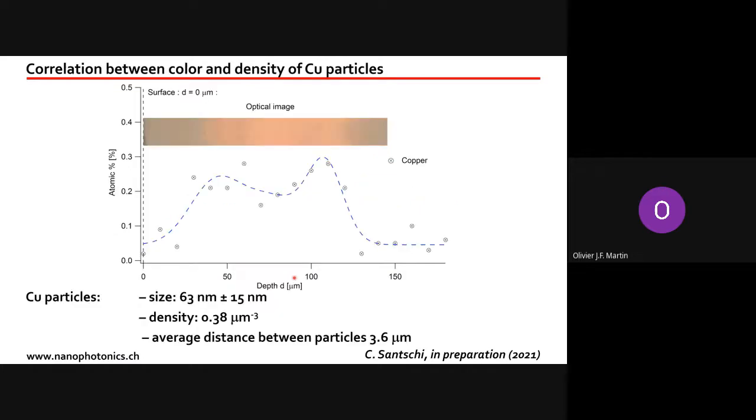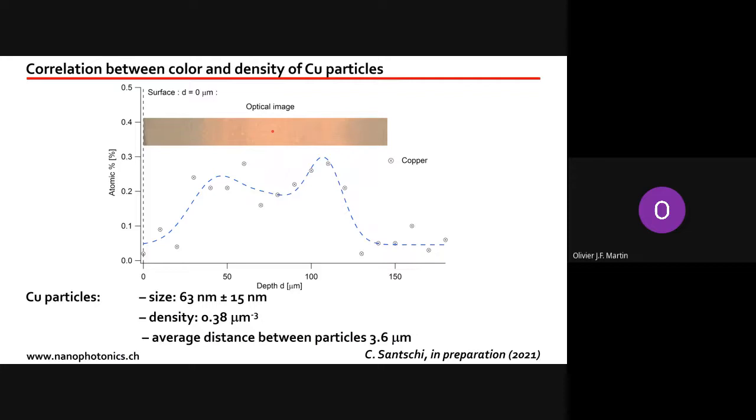But actually, we were lucky to find and very pleased to see that we find another plasmonic metal, which is copper. Copper is not so much used nowadays as a plasmonic metal, but it is a plasmonic metal. It has quite high losses, so this is probably why it's not used. But you see, it has a very strong optical effect.